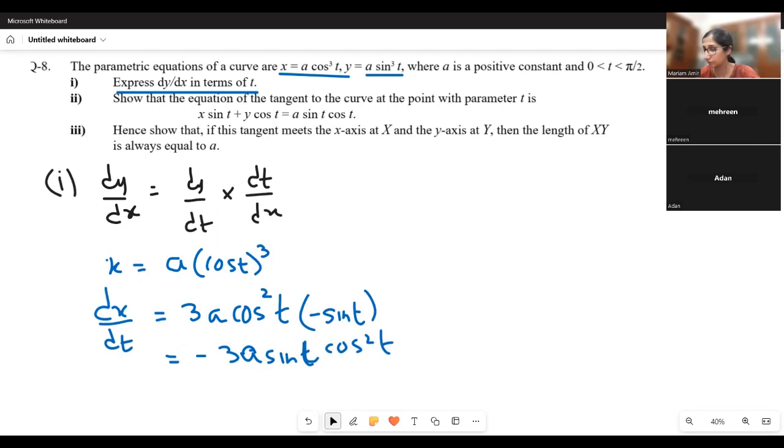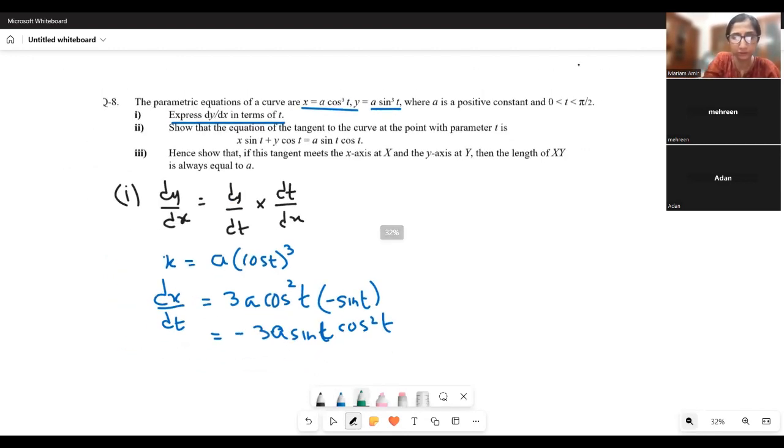Any questions still here? Yeah, how did I derivate that? No, ma'am. Next, we derivate y. So y equals a (sine t) whole cube. This will be derivated with respect to t. A is a constant, so it's still a. 3 comes down, 3a.